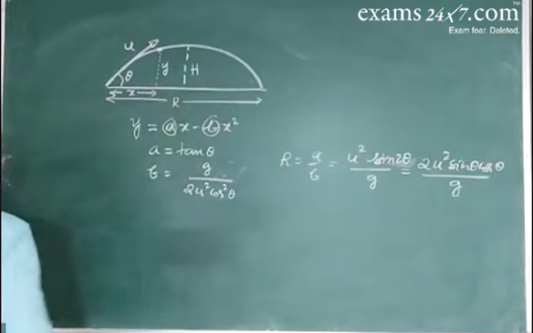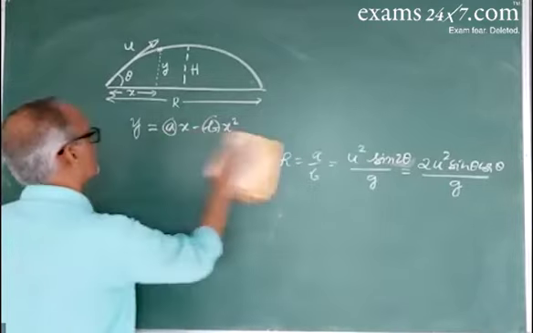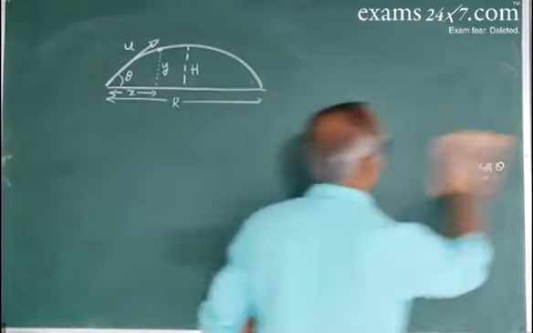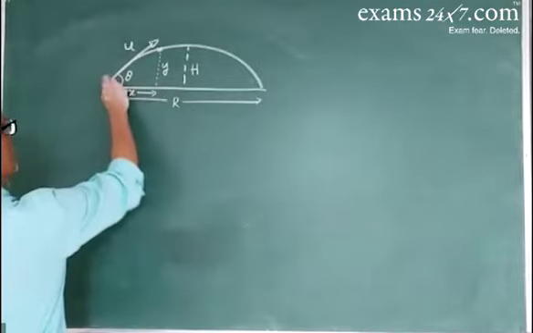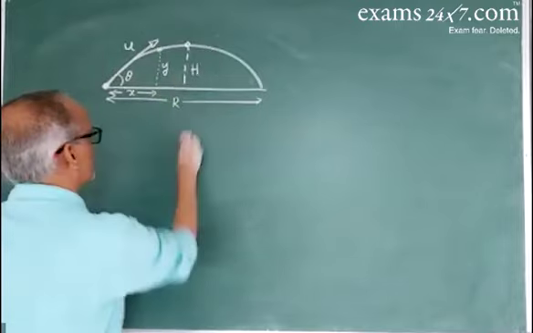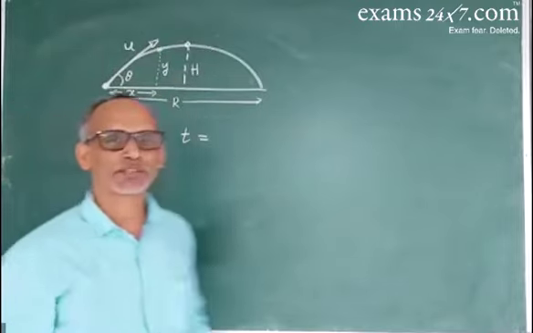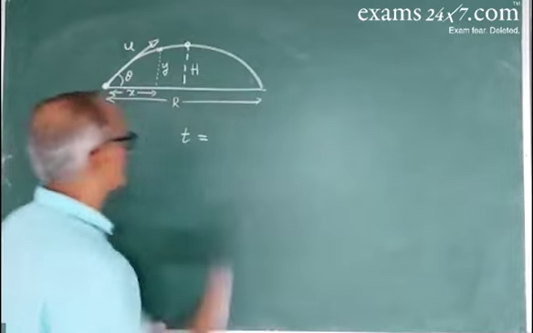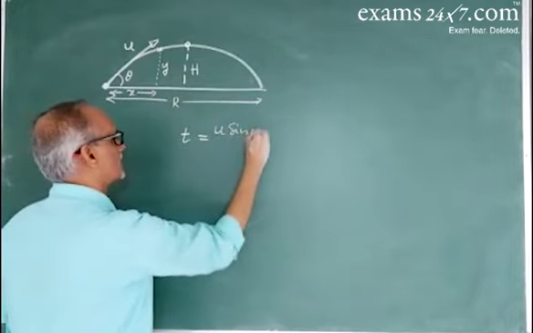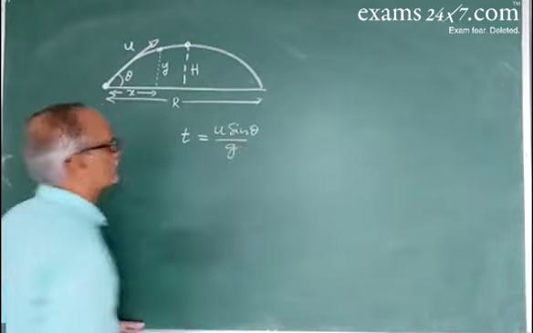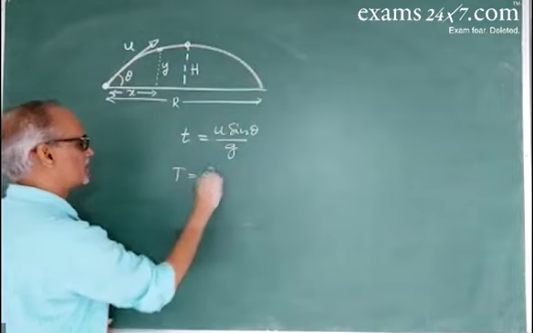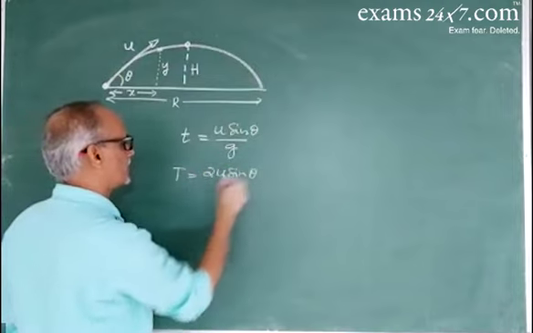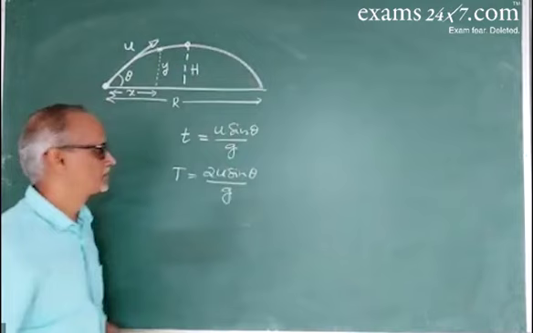The other equations related to the projectile are, one, time of flight. Time taken by the projectile to reach from the point of projection to the maximum height is called time of ascent, which is also equal to the time of descent, which is given by u sine theta by g. And time of ascent plus time of descent will give you time of flight, which is T is equal to 2u sine theta by g.